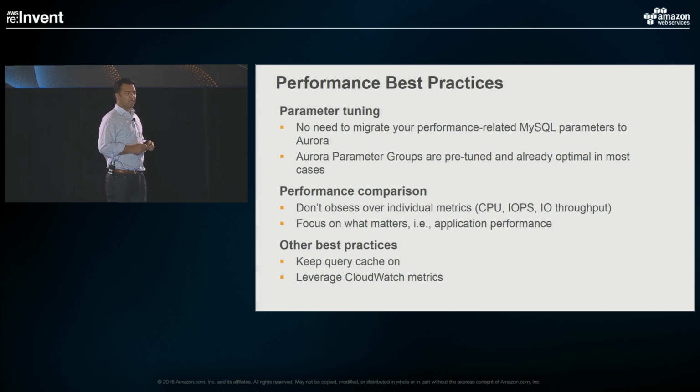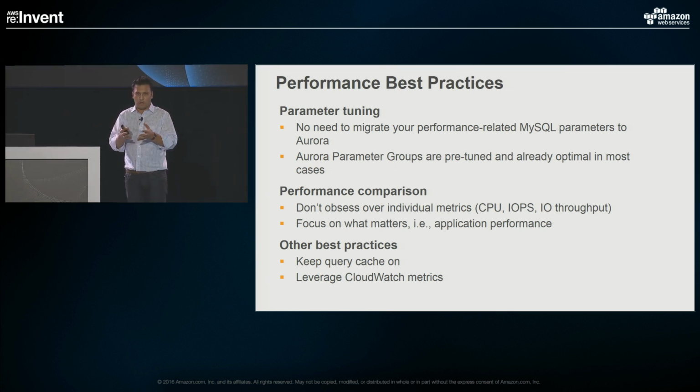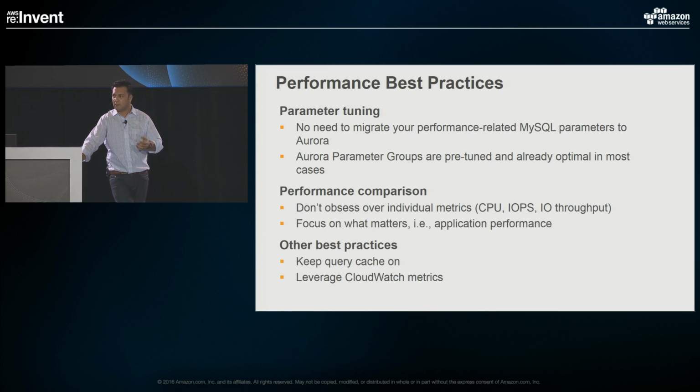Parameter tuning, this is interesting. A lot of customers, and this is intuitive, right? If you're moving from MySQL to Aurora, you would want to move your configuration parameters from RDS MySQL to Aurora. Our advice is try not to do that. Some of the configuration parameters have different context in Aurora, and some of the configuration parameters do not even apply in Aurora.